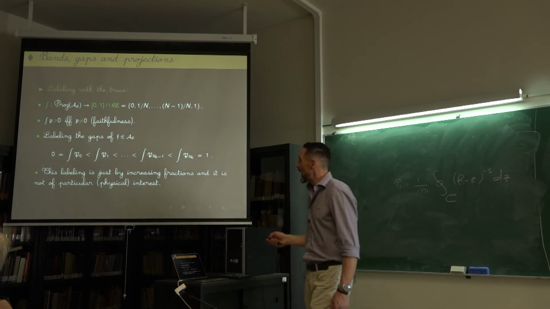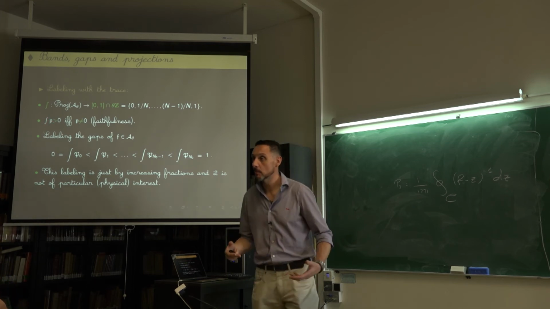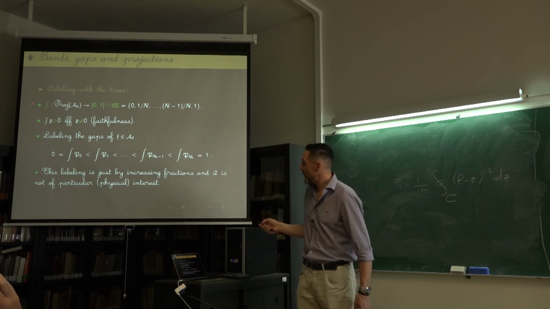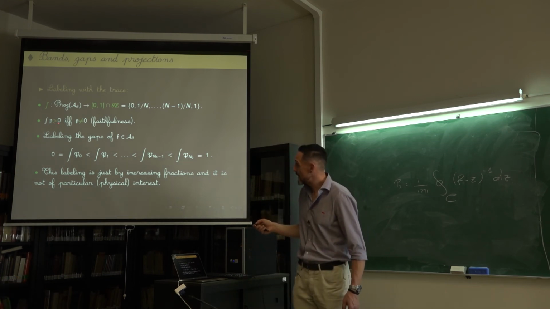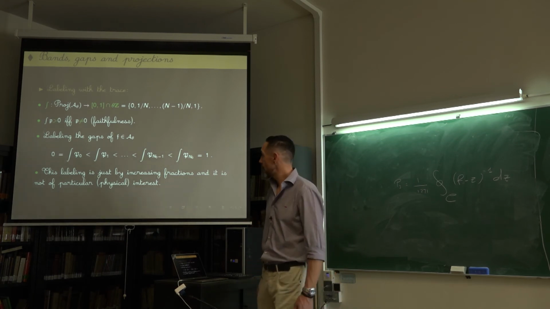And I know that my trace is faithful. It means that if my projection is not trivial, this integral is bigger than 0, and if this integral is bigger than 0, this automatically implies that the projection is not trivial. This is an if and only if.